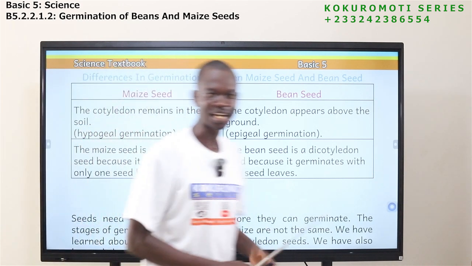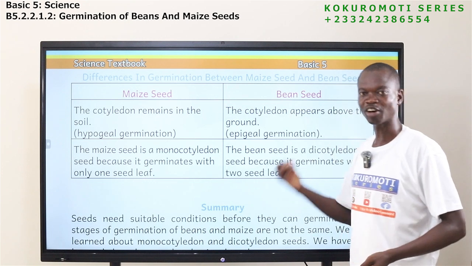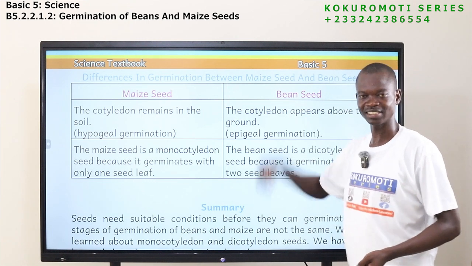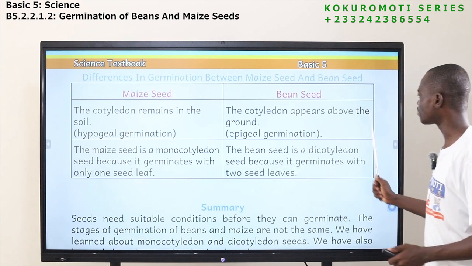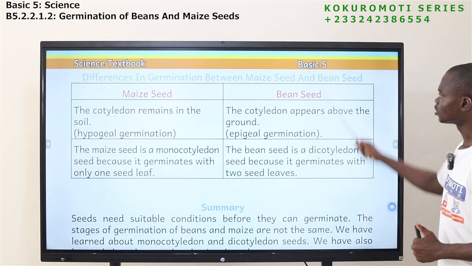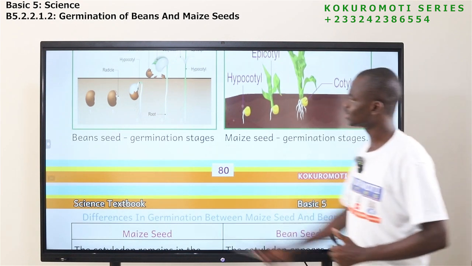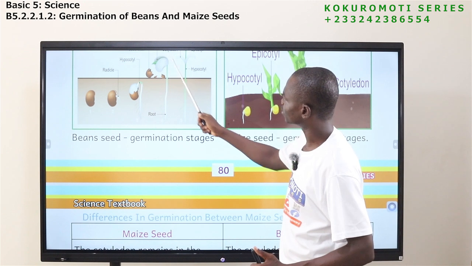Beans, when I asked you to notice the movements, you realize that later on we did not see the seed inside the soil. Let's look at it. The cotyledon appears above the ground. So if you look at it here, this is the bean. You see the cotyledon.